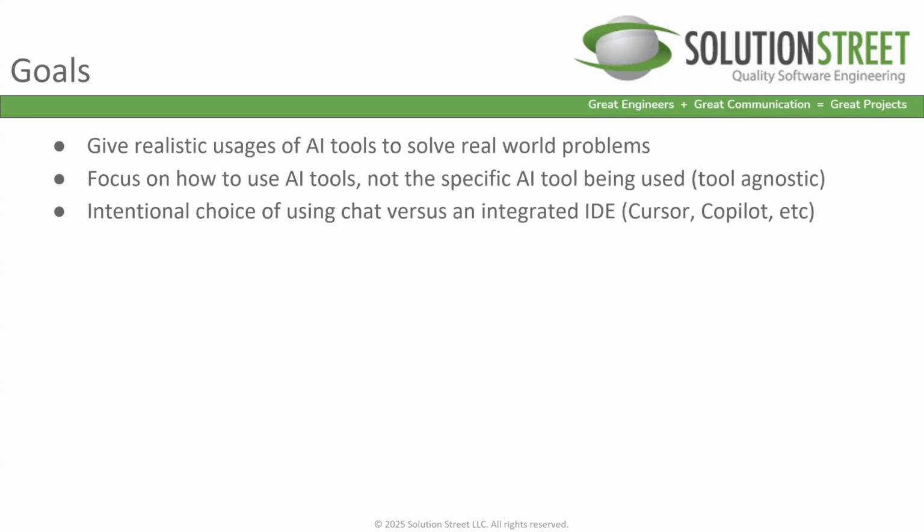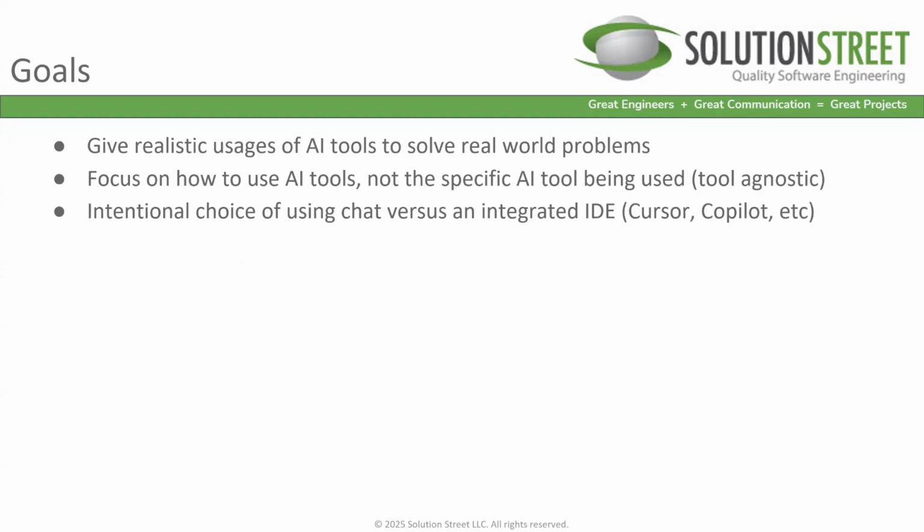It's really about how to use AI and the kinds of problems you could leverage a tool to solve. In this specific one, I'm using Claude. It's just a personal preference because of my success with it and the quality of its answers. But again, the tool's agnostic.